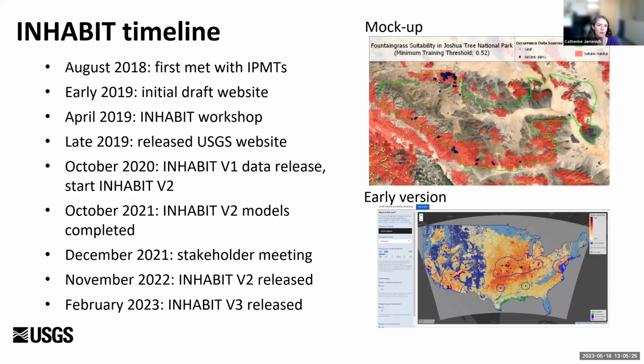And so this started with a meeting in 2018 with that group within the Park Service, and then over time has developed into what we have today through various stakeholder meetings and presentations like this to get input from others and explain kind of what we've done so far.